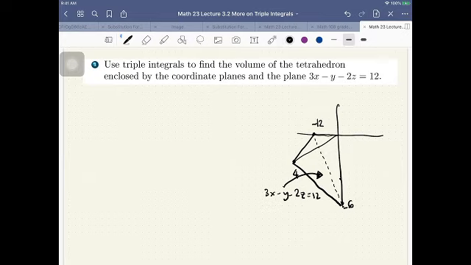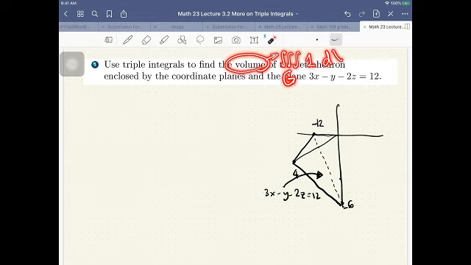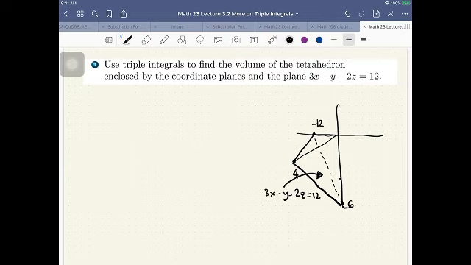Anyway, we want to find the volume of the tetrahedron, and when we talk about volume, what we really mean is we want to triple integrate 1 dV over the solid G, where G is the tetrahedron. Now this is a solid of type XY.